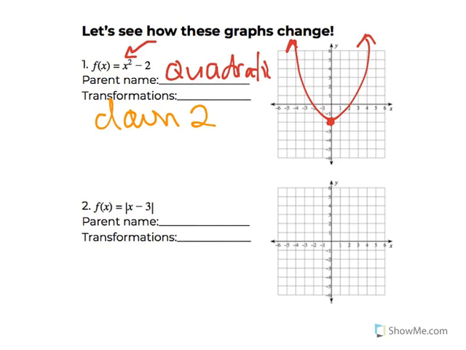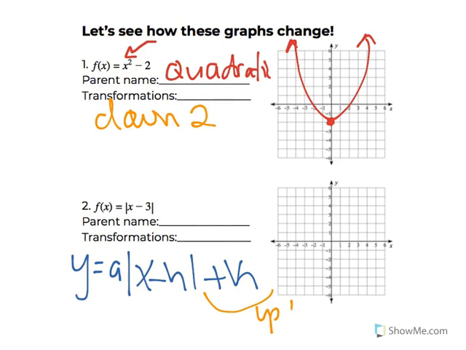Let's look at the next one. f of x is equal to the absolute value of x minus 3. So your general form for this looks like that, where this is your up and down, and this is left and right. We have minus 3 on the inside, so that is going to tell us to go to the right 3.